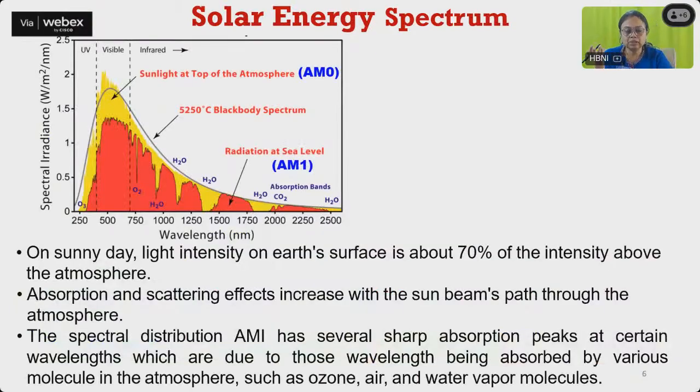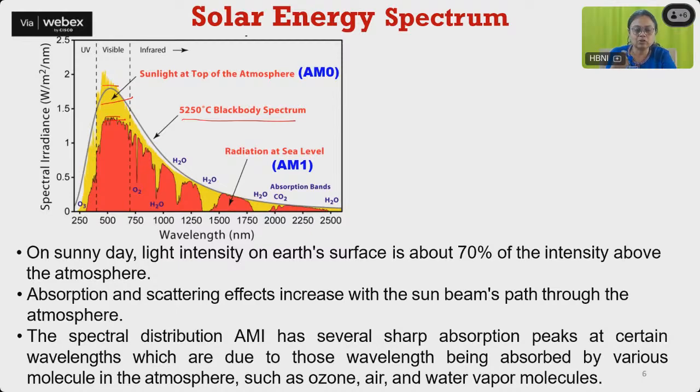Now, when we talk about the solar energy spectrum, at a given time the light intensity on Earth's surface is about 70% of the intensity above the atmosphere. This is the sunlight at the top of the atmosphere, and whatever we get through our atmosphere, this much is absorbed. This curve is like a black body spectrum for 6000 degrees, but radiation at sea level is much less.